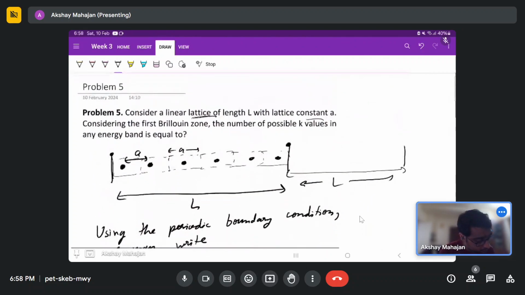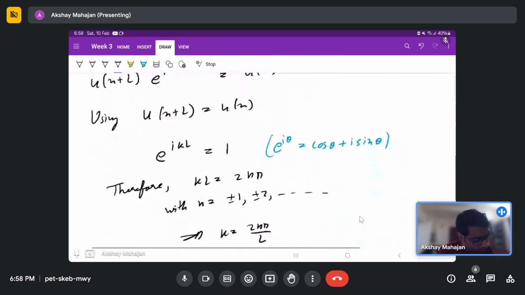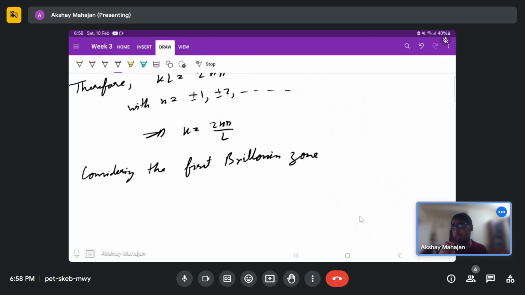But when we talk about the first Brillouin zone, our k value will be from minus pi by a to pi by a, where a is the lattice constant of the unit cell.